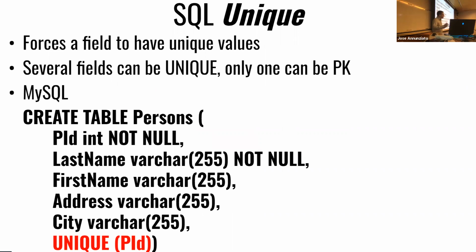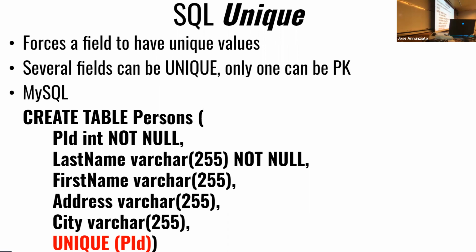Now, in MySQL and SQL Server, some databases are slightly different, so the way you write these constraints might differ for that particular vendor. In SQL, you could declare a field to be unique by using the keyword unique. For instance, a primary key already sets that constraint on that field. Primary keys already say this field has to be unique.